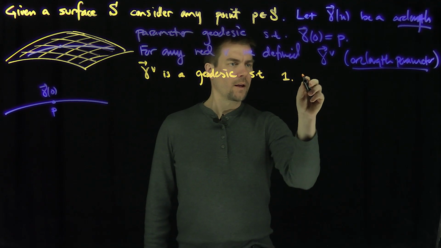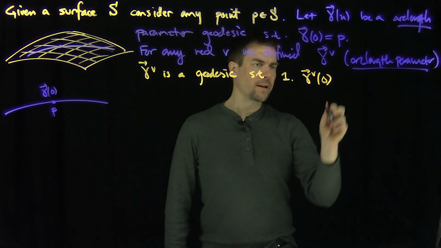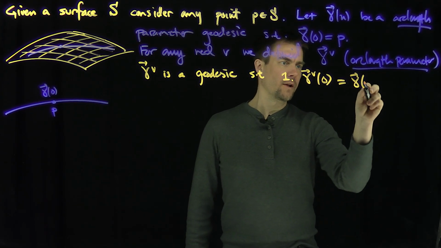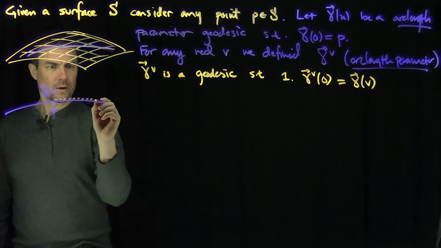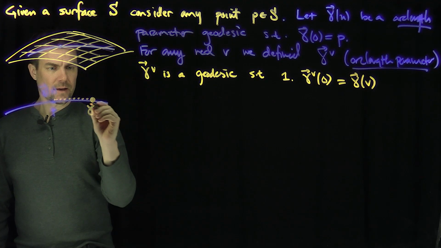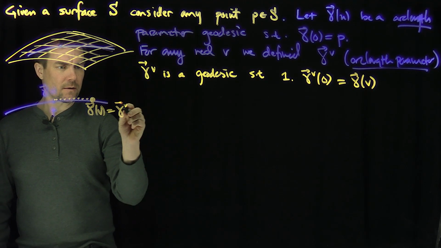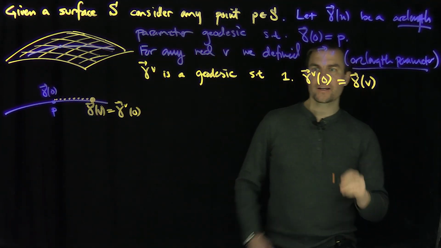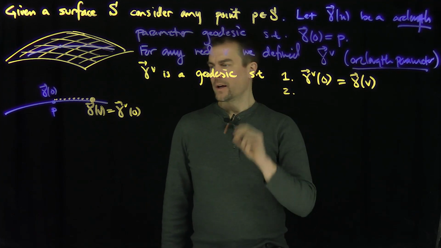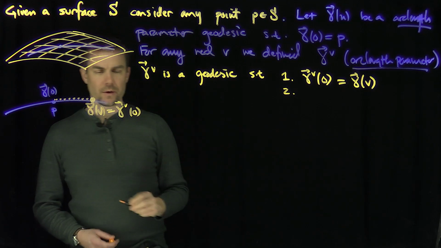Number one, if I plug into this geodesic 0, I get the original curve at the point v. So if I move down the geodesic over here to gamma of v, that is equal to this new curve gamma v at 0. That's just for that curve gamma. And second, the condition I want is that these geodesics are perpendicular to each other, right?